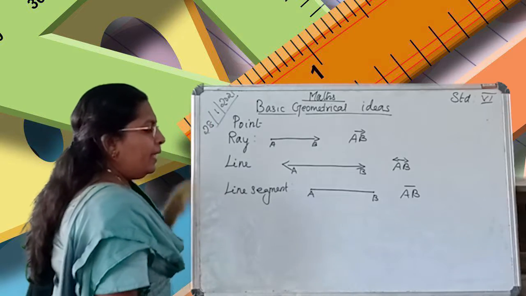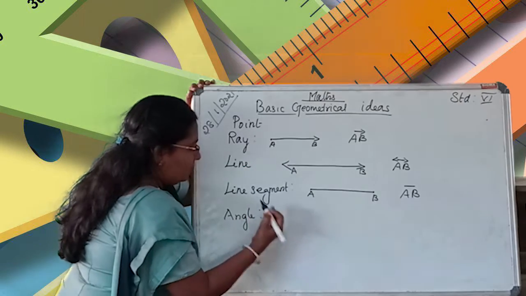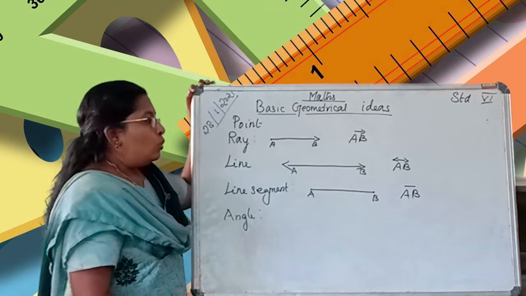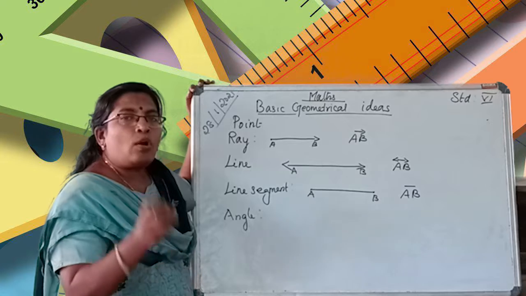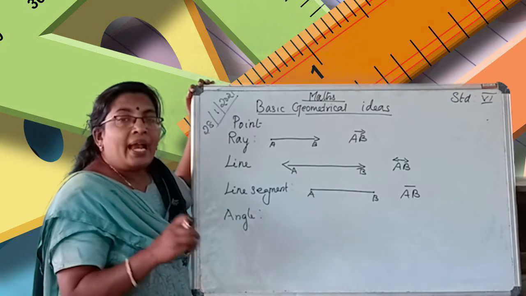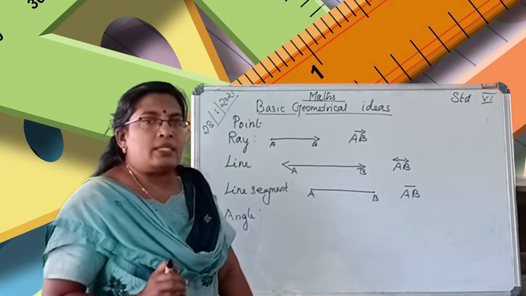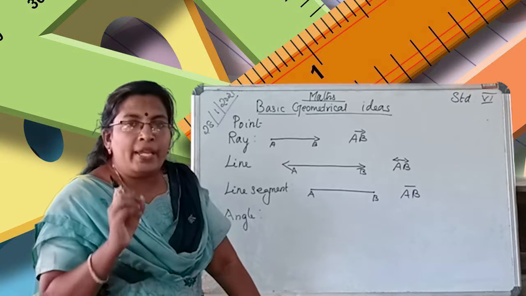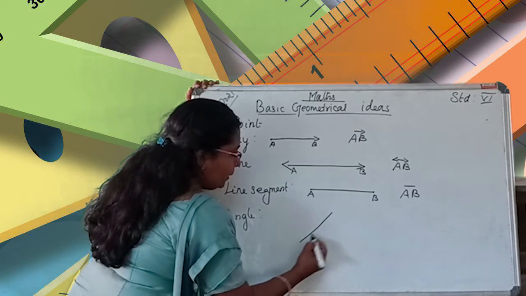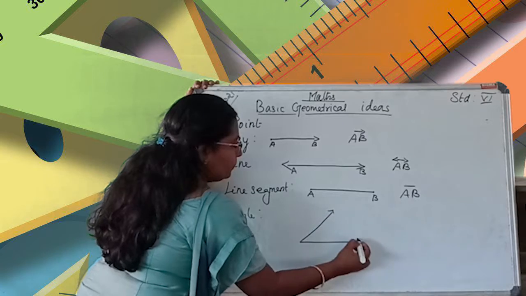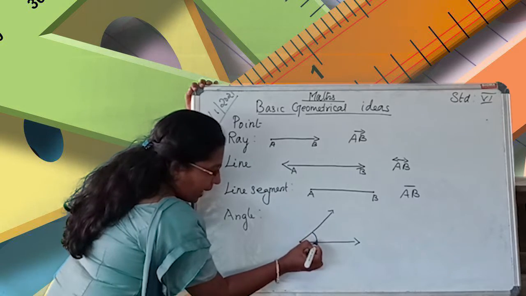Okay. Next we study angle. When two line segments or two rays meet at a common point, it makes an angle.